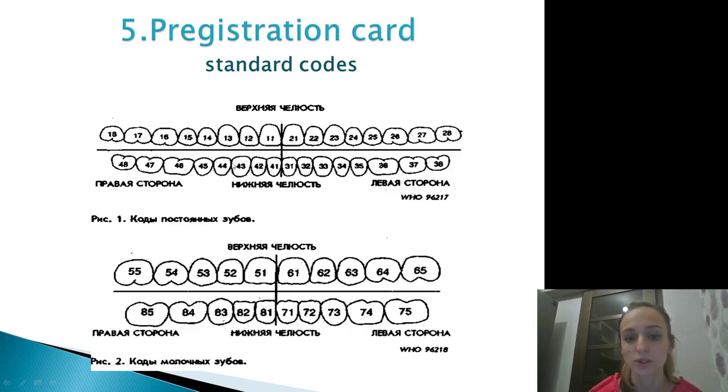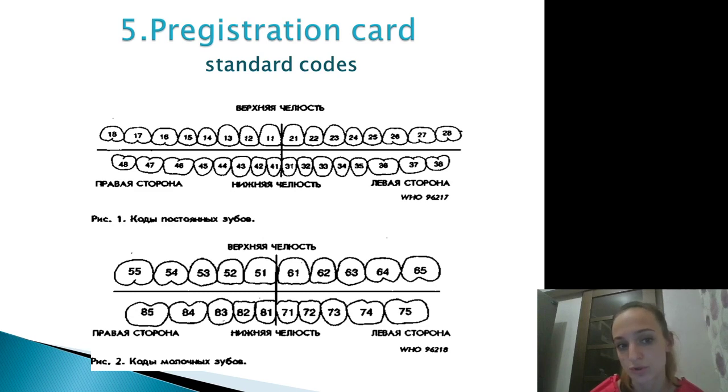And when you're doing dental examination with your patient, you should write in the card this information about teeth, about dental diseases, and about the number of teeth that you can treat.